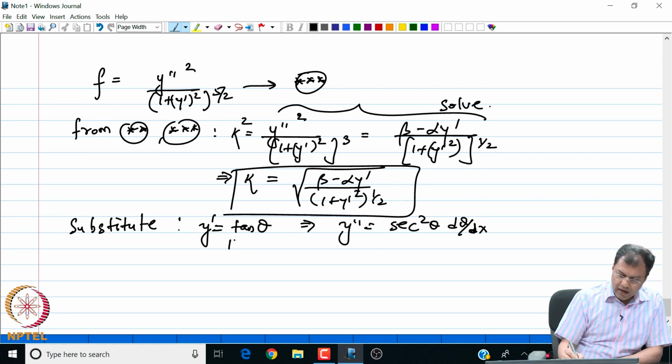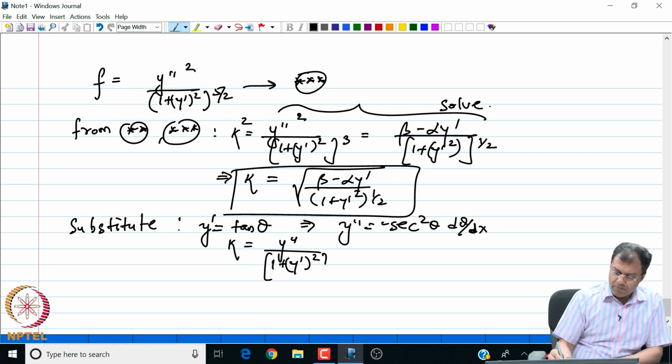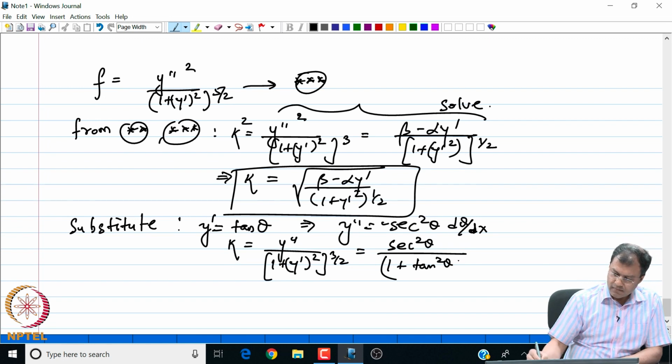and we see that my kappa comes out to be, we substitute all these expressions in kappa. Well, kappa is by definition y double prime divided by 1 plus y prime square to the power 3 by 2, and this is also equal to secant square theta by 1 plus tan square theta to the power 3 by 2 d theta dx, right.